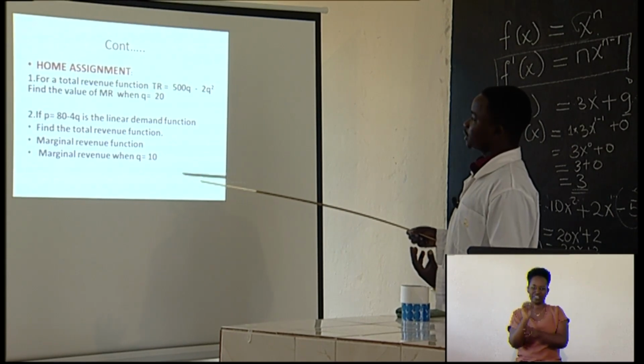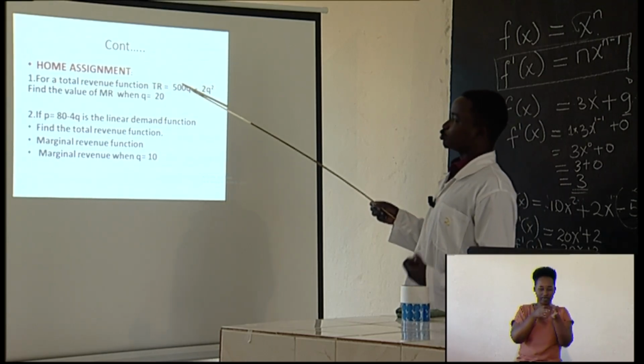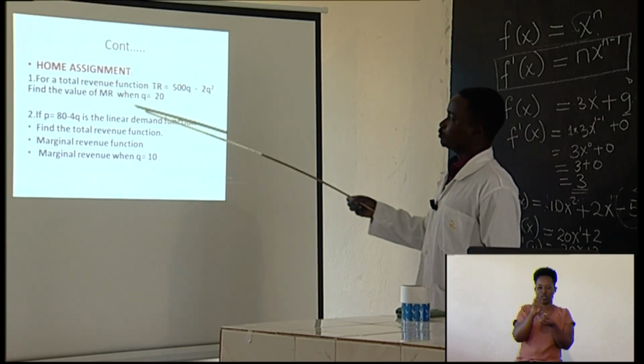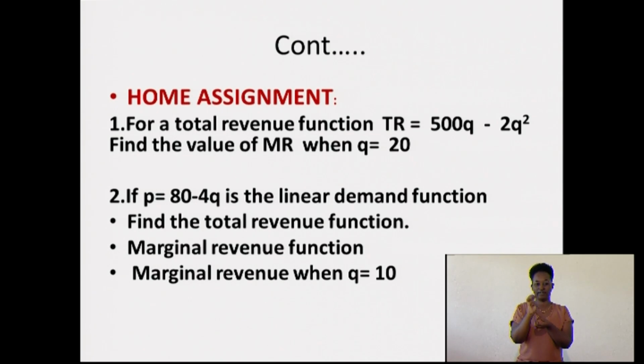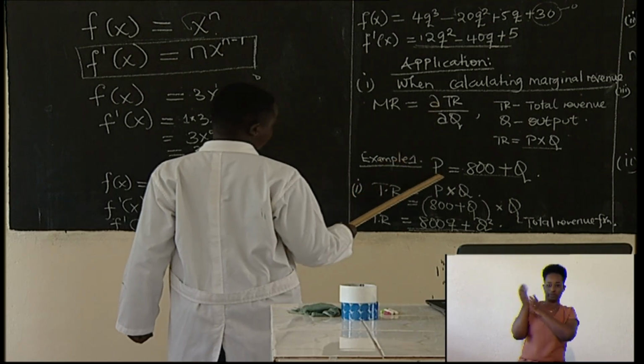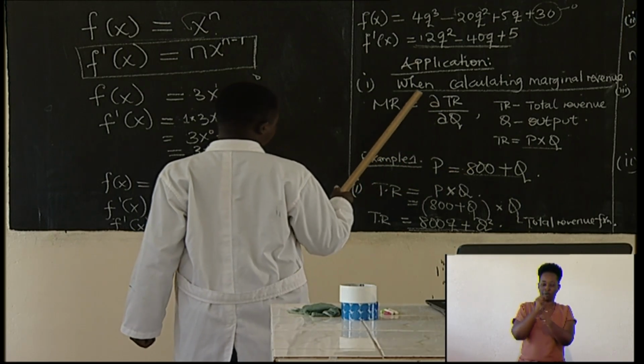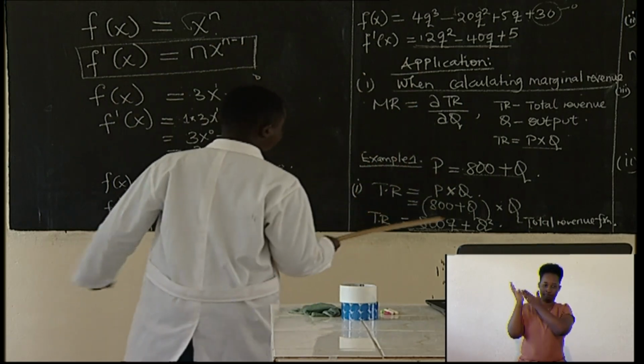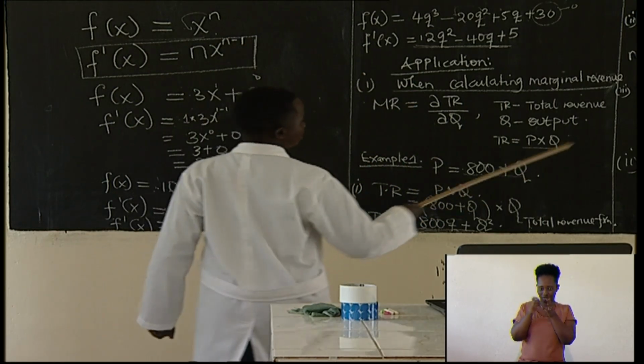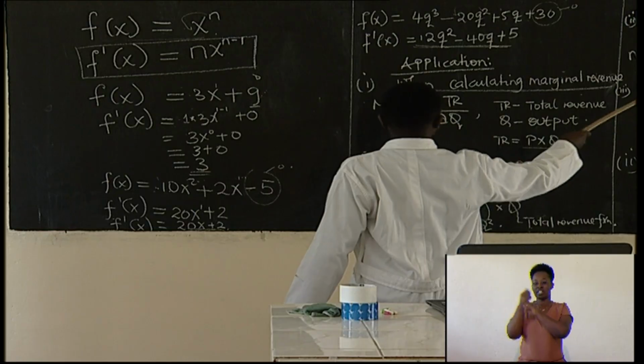You will first differentiate the total revenue function with respect to output, and you get MR, the marginal revenue. Then from there, you will be able to get it, the way we have done this one, and how we have differentiated this to come up with this function.